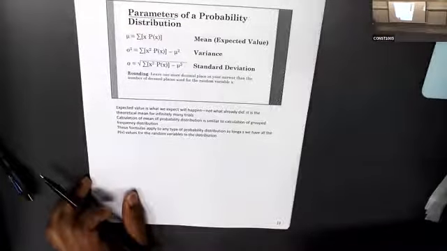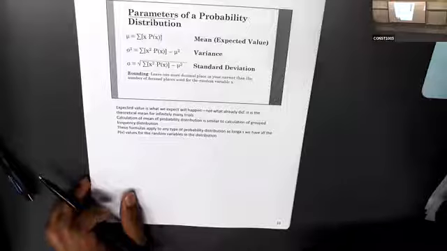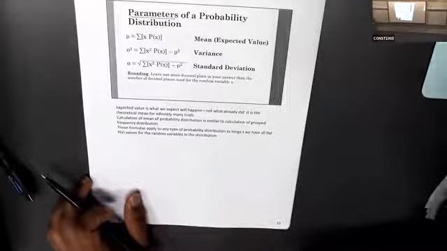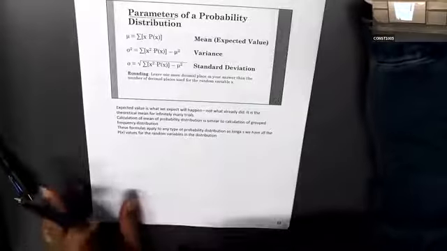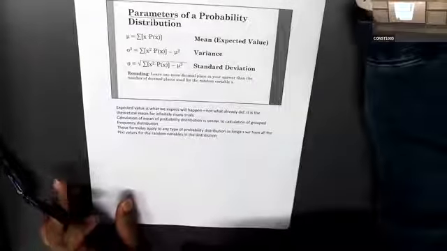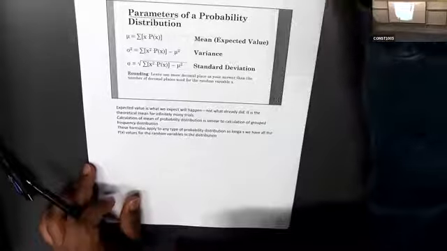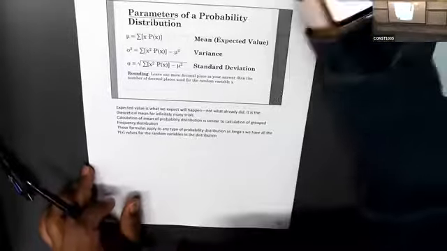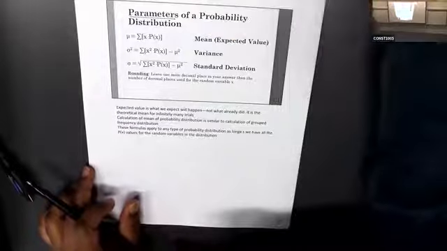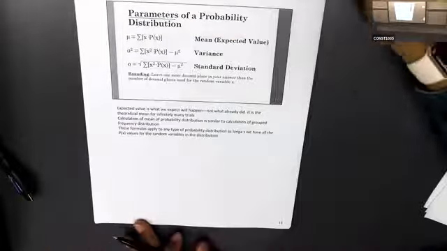Variance is the square of the standard deviation. Standard deviation is the square root of the variance. So if you have variance as 4, what is the standard deviation? 2. If you have standard deviation as 3, what is the variance? 9. So that's the relationship, very simple.